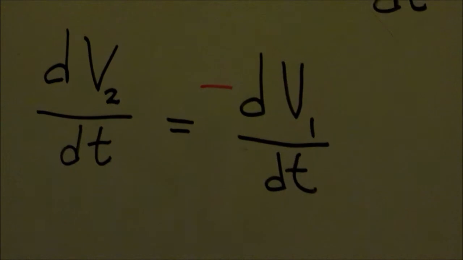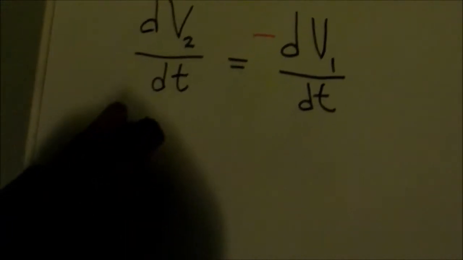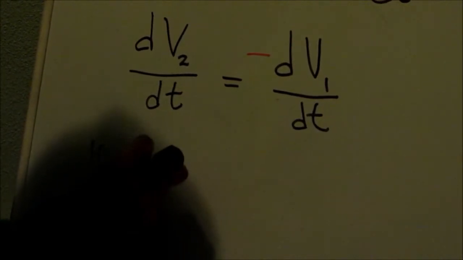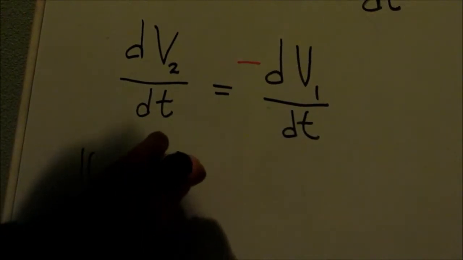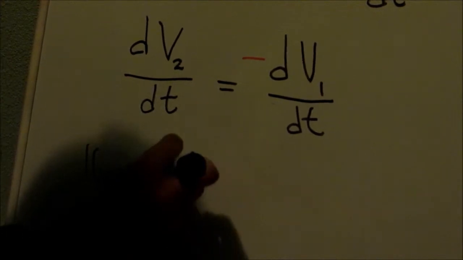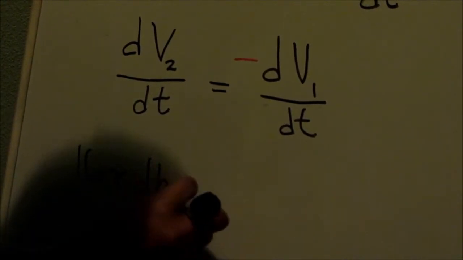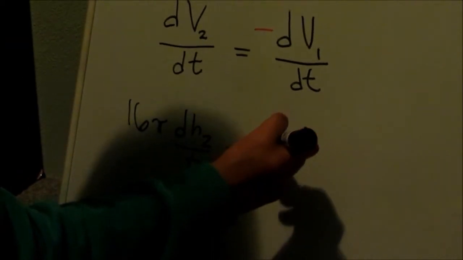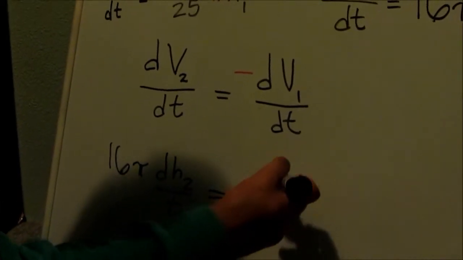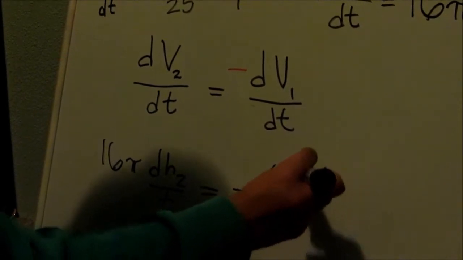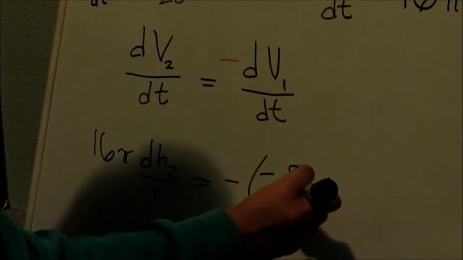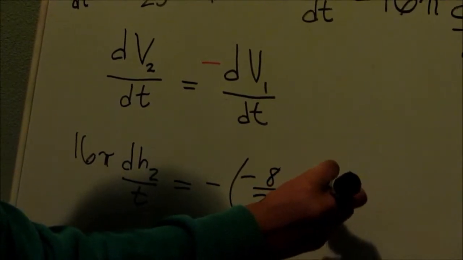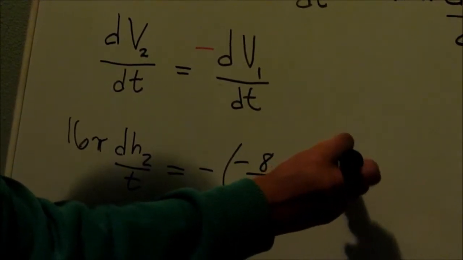So, 16 pi times the derivative of H sub 2 with respect to t equals negative 8 over 25 pi times H sub 1 squared.